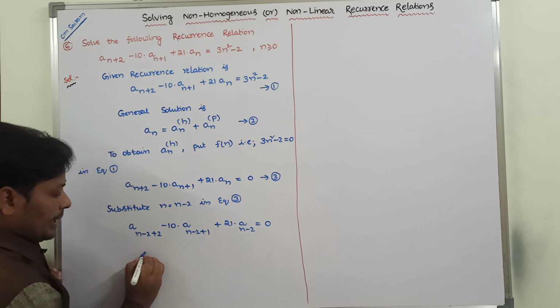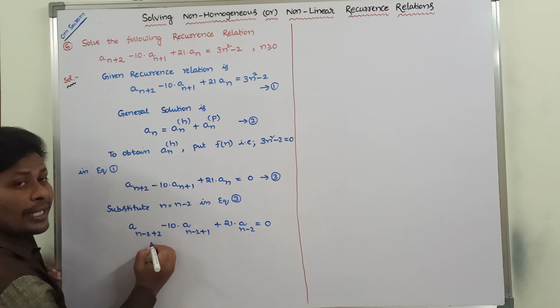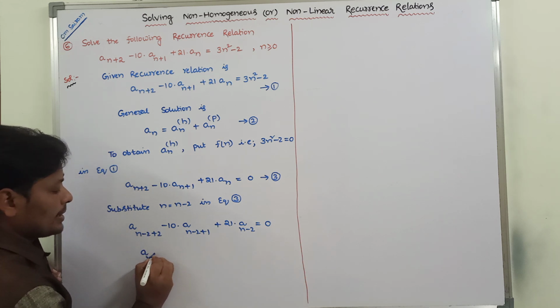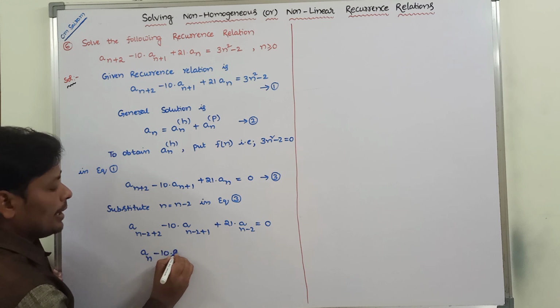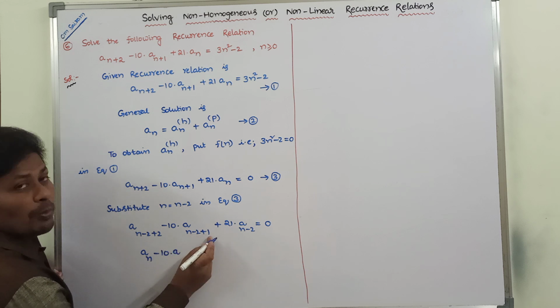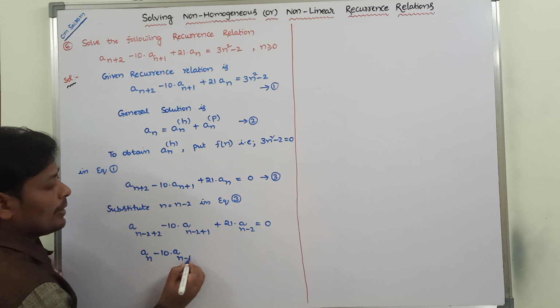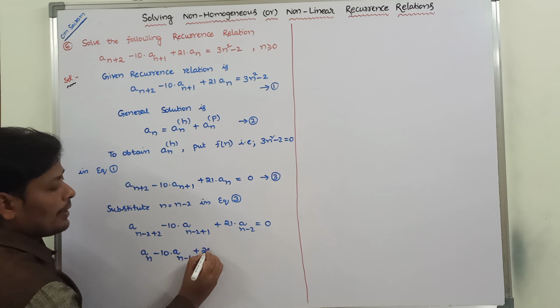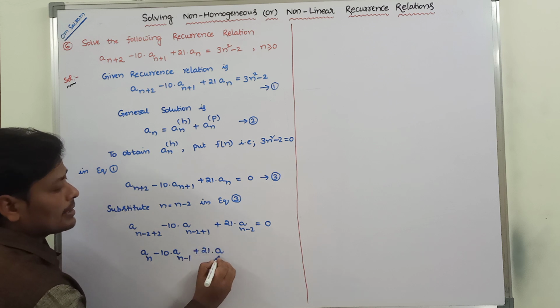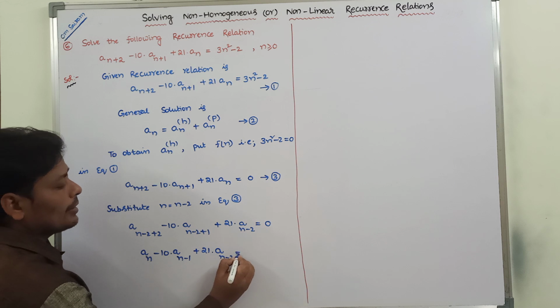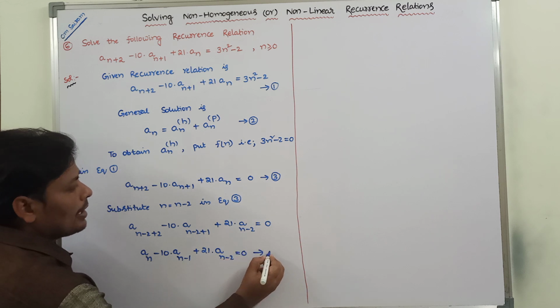Now minus 2 plus 2 cancel, giving A suffix n minus 10 into A suffix n minus 1 plus 21 into A suffix n minus 2 is equal to 0. This is equation 4.